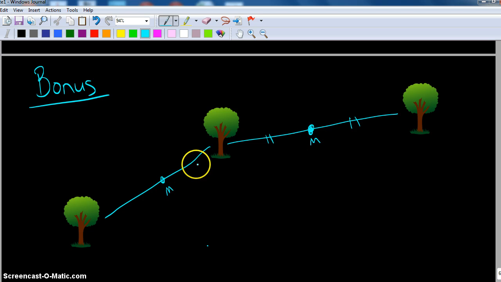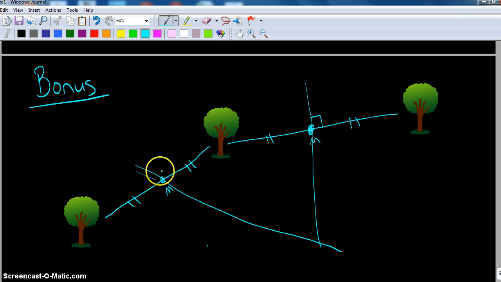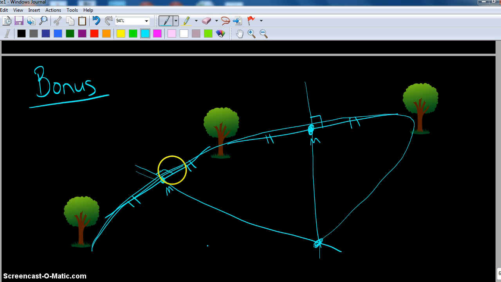Middle. So then this part here equals this part here. So what you do is you make a line through here that is perpendicular. You make a line through here that is 90 degrees, and where they intersect over here, that's where you're going to put the sprinkler system so that it reaches every tree back and forth. And that's what you're going to do. You're going to explain that to me on the test and get credit for it.